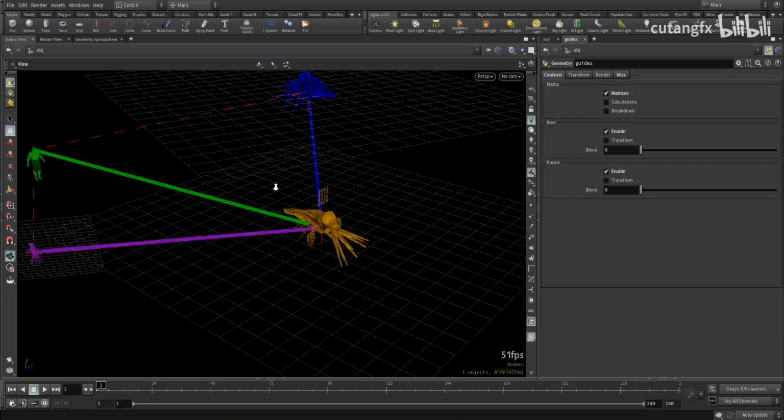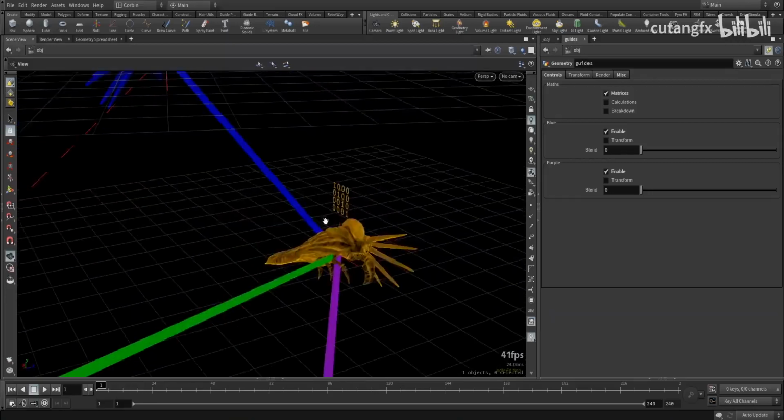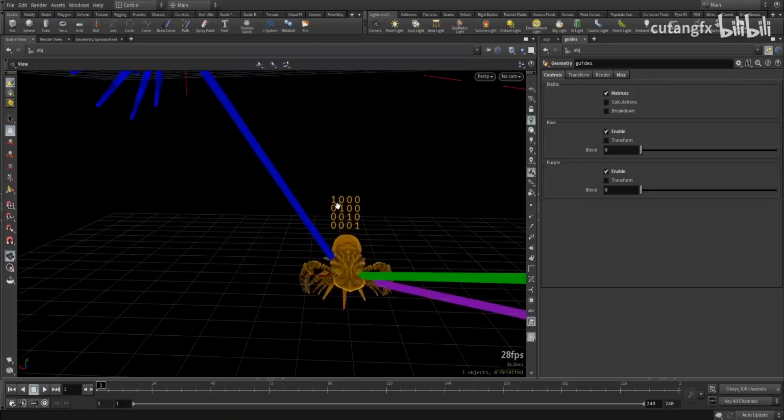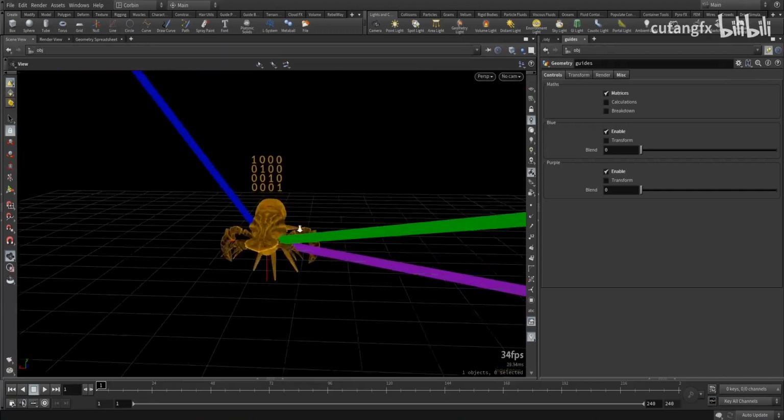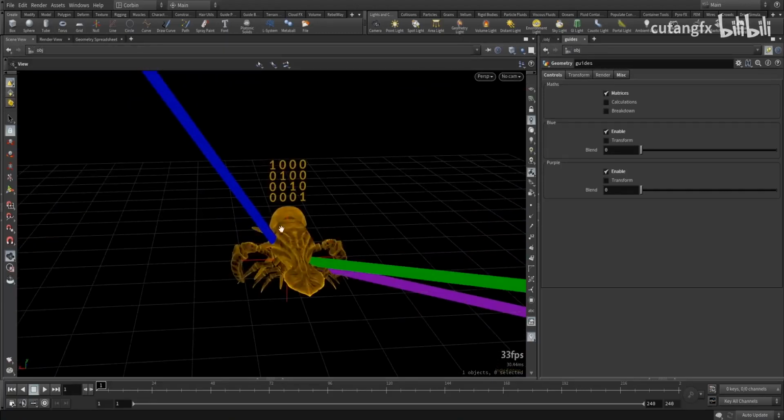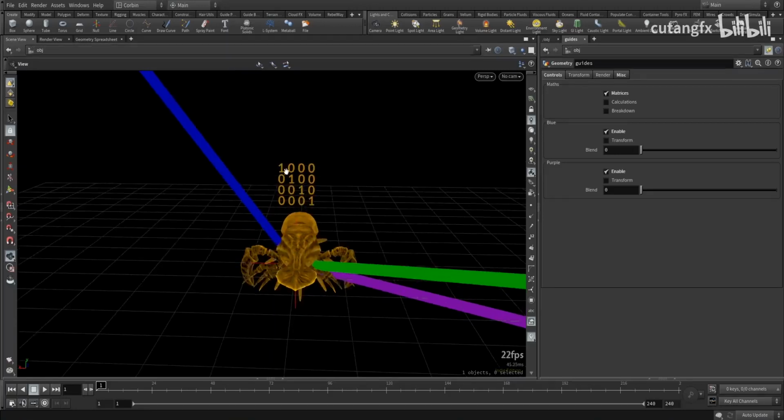Okay, and I've represented the orange one using an identity matrix, because actually you wouldn't see an orange line because this one hasn't moved away from the world center. Okay, it hasn't rotated, hasn't scaled, hasn't translated. It is in its default position. So its matrix would be an identity matrix. It would look exactly like this.